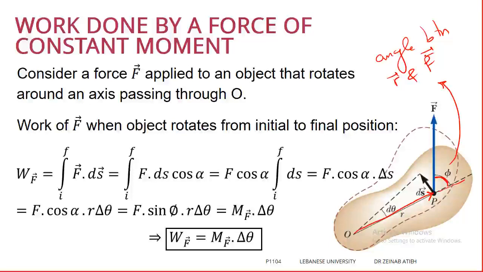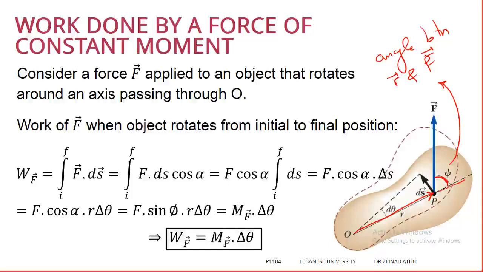In this formula, if I'm going to search for the work of a force with constant moment, I only multiply the moment by the angle that the object rotates through. Usually I use algebraic values for the moment and for theta. So if the moment is positive and theta is positive, the work comes out positive, which means the force is doing a motive work.